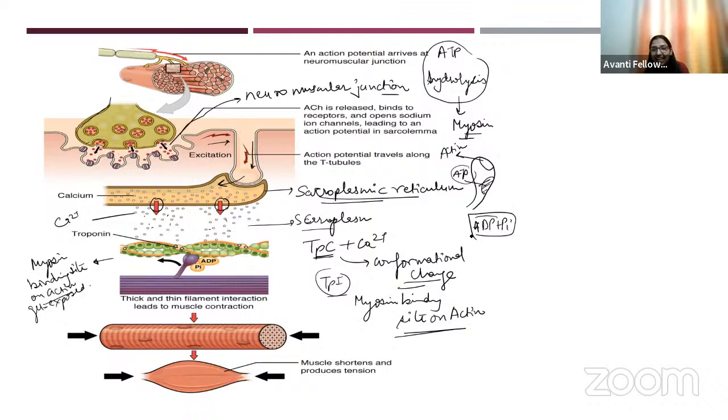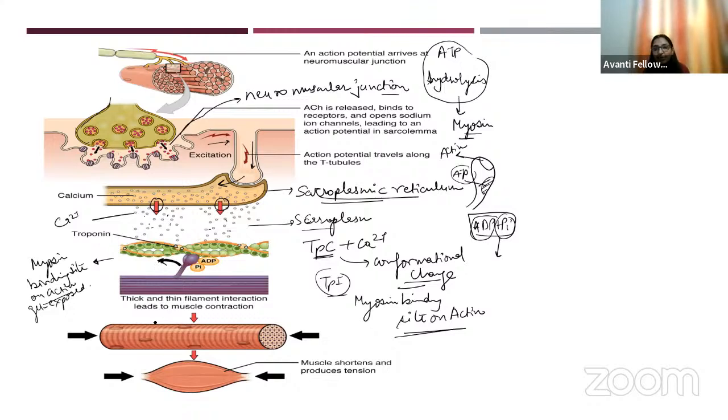Okay, so when this ADP is released, the head of the myosin binds. Like, this is a thin filament, the actin filament, and this is the head of the myosin. When the ADP is released, this myosin will get attached to the actin filament. And when the Pi, the inorganic phosphate, is released, the head of the myosin will pull the actin filament inward.